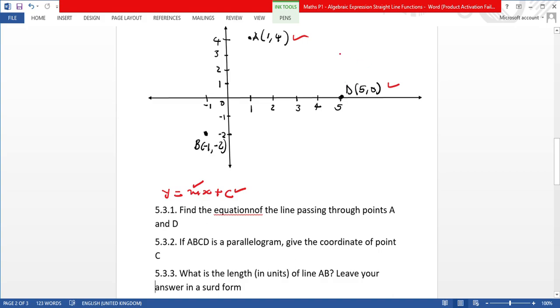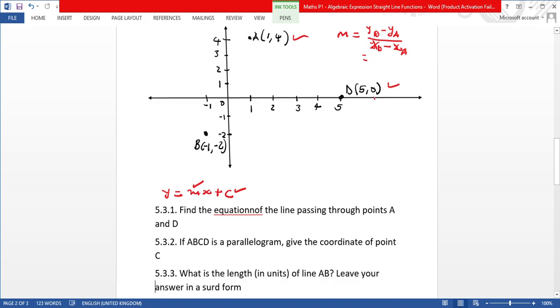Between A and D, we're just gonna say the gradient is equal to the y at point D minus the y at point A, divided by the x at point D minus the x at point A. That's the equation of the gradient.